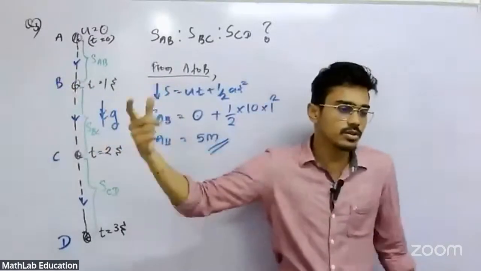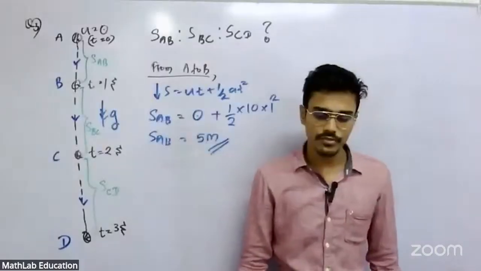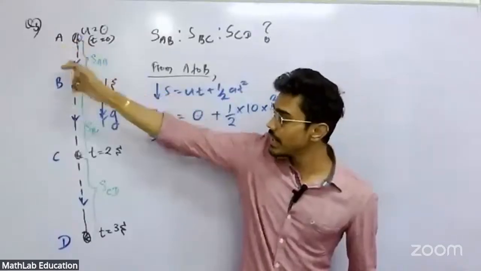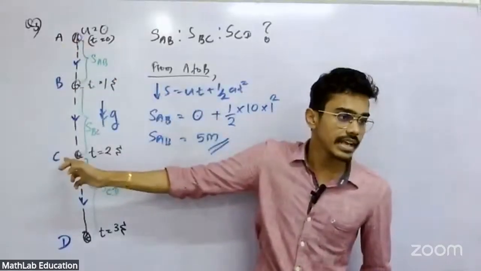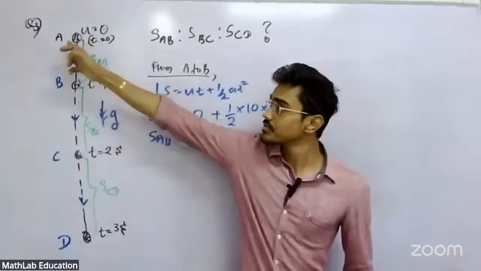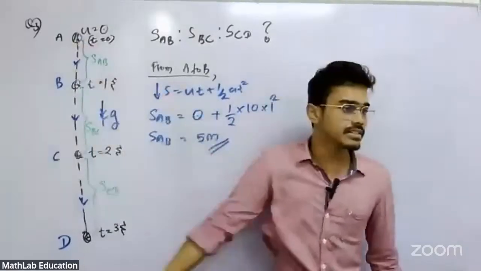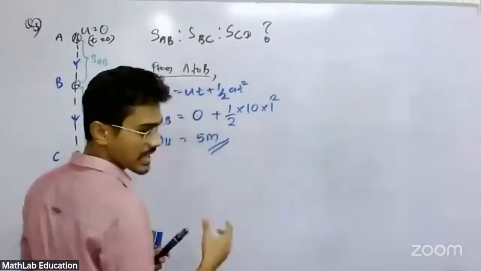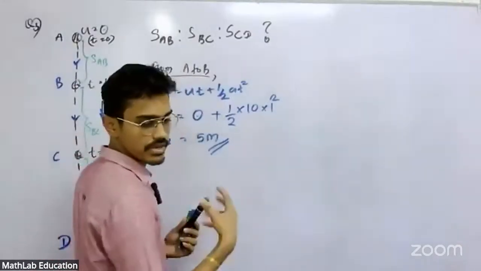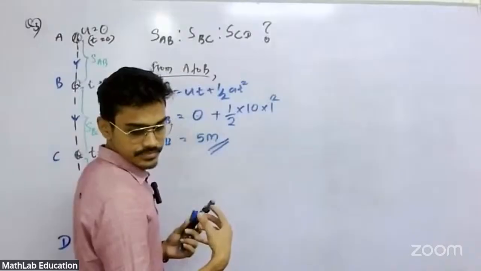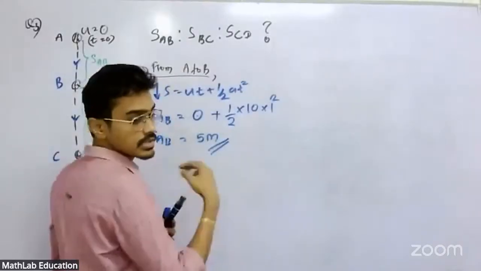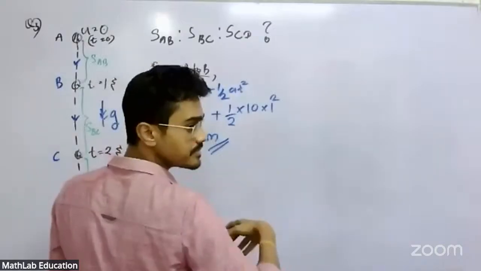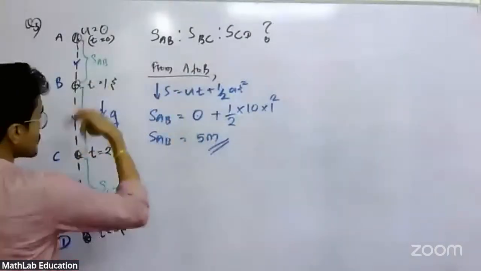I don't know what the value is. So I'm going to apply an equation from A to C at once, and then I can get the total distance all the way from A to C. Selecting the section is my freedom. So I'm going to select the section from A to C.